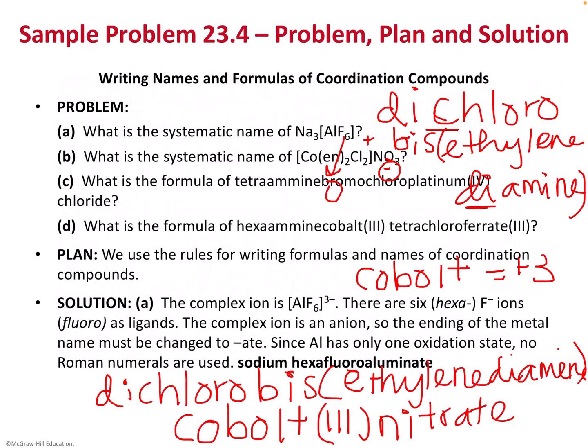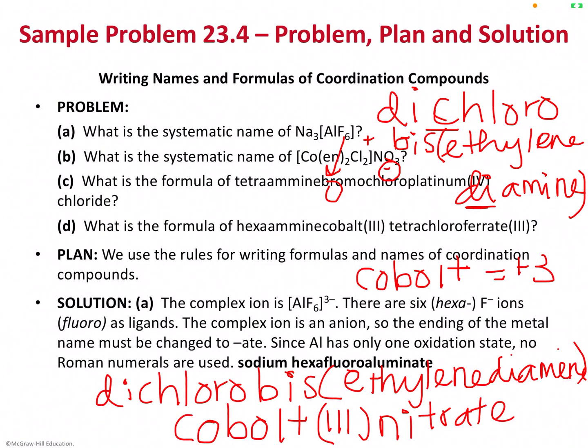So the next one, what is the formula of hexaamine cobalt 3 tetrachloroferrate? Now ferrate comes from iron, right? It is given as ferrate, meaning it ends in ate when you have a complex anion, right?